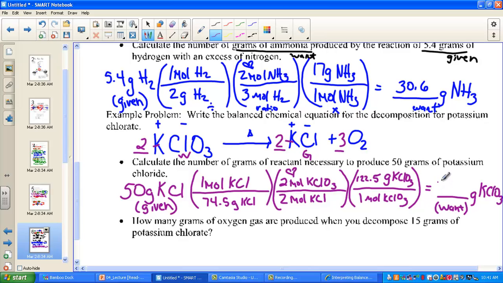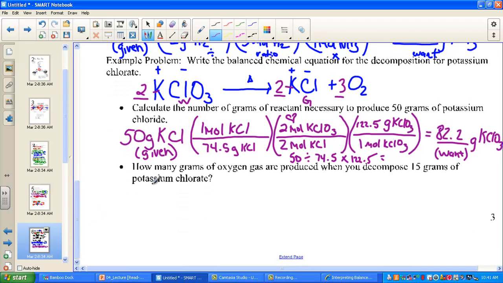I hit that and I found my calculated answer of 82.2 grams of potassium chlorate. Key sequence, 50 divided by 74.5 times 122.5. Since these are the same numbers, they just kind of cancel out. So the fewest keystrokes, if that's your goal. Now hit that however you're comfortable and make sure you're finding 82.2 grams.